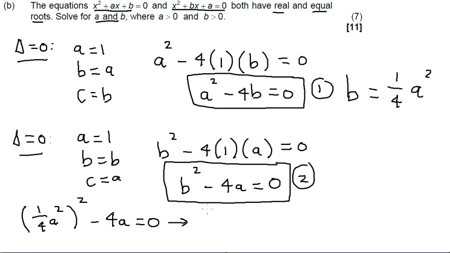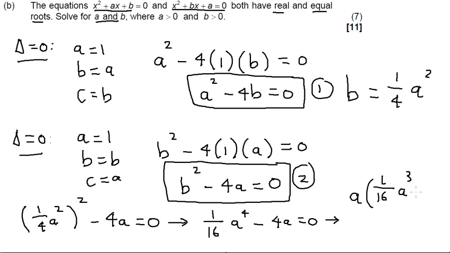If I square the bracket, I'm going to get 1 over 16 a to the power 4 minus 4a is equal to 0. And if I take out a as a common factor, we're going to get a into 1 over 16 a cubed minus 4 is equal to 0.